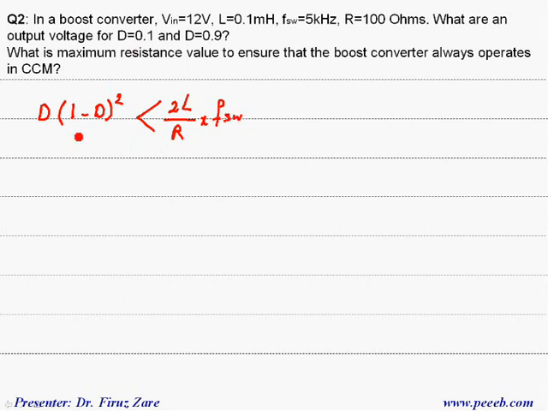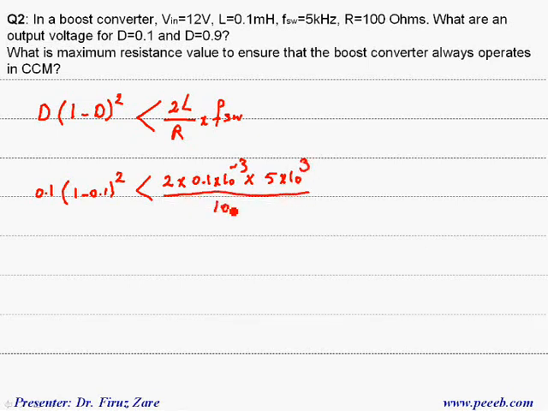So let's start with the first duty cycle, that means 0.1 times (1 minus 0.1) square should be less than 2 times 0.1 millihenry times 5 kilohertz divided by R, which is basically 100.